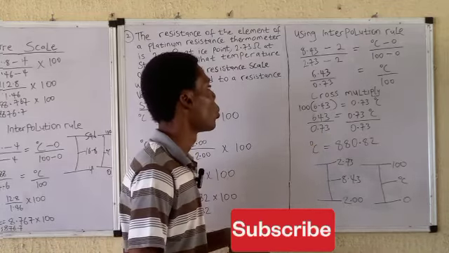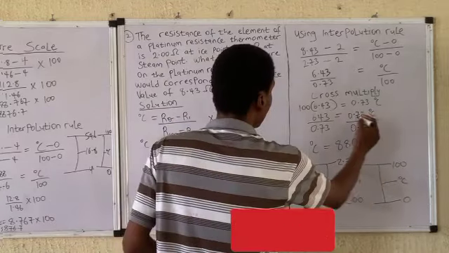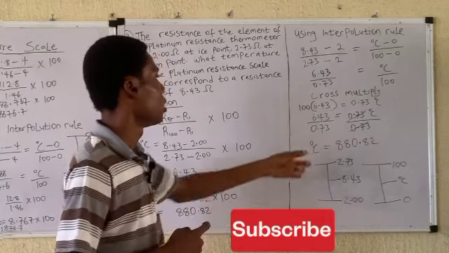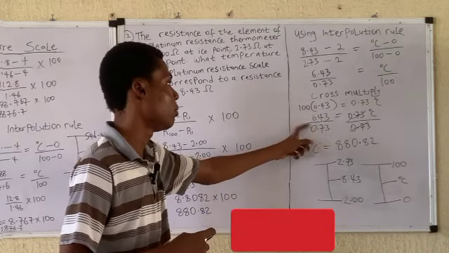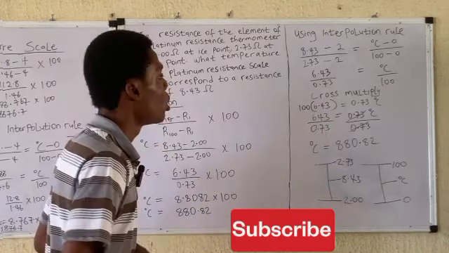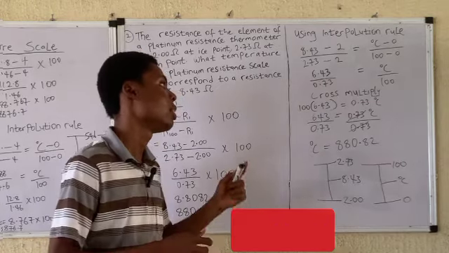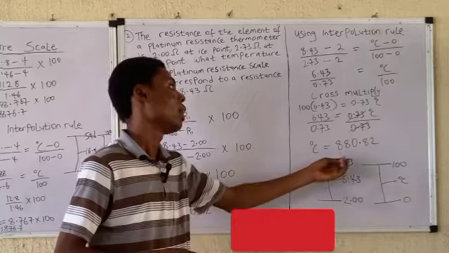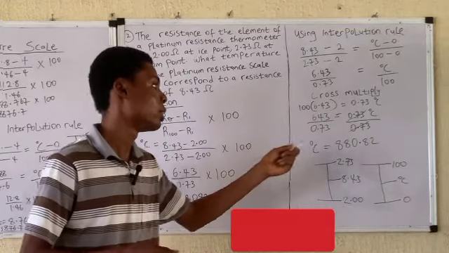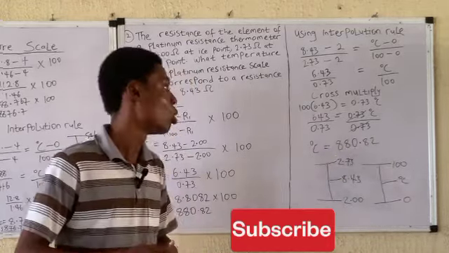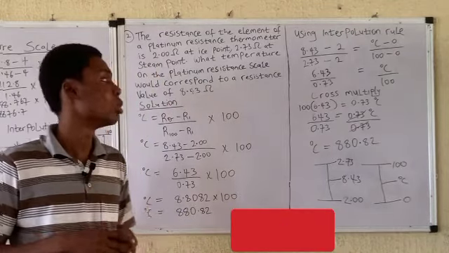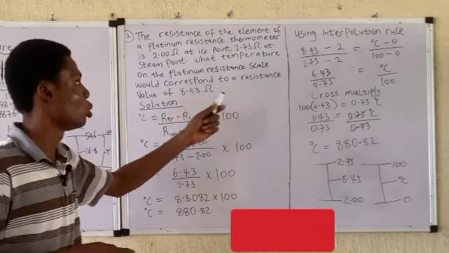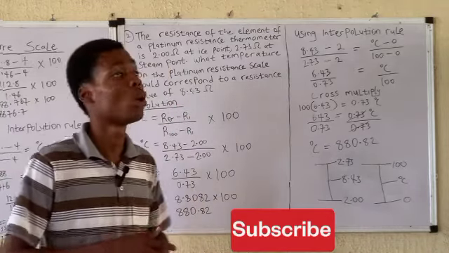So we are left with 643 divided by 0.73, which is equal to 880.82. So that is our final answer to this question using the interpolation rule.